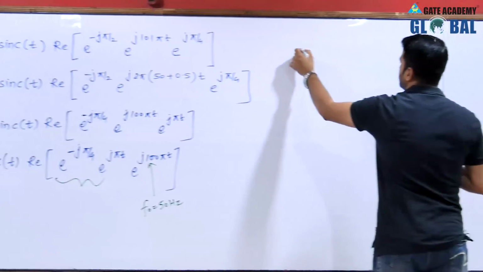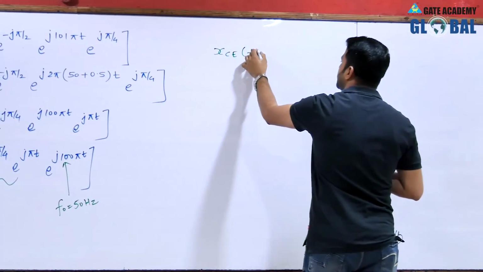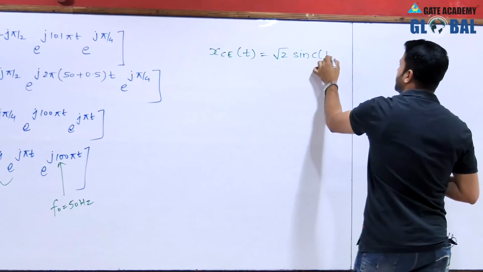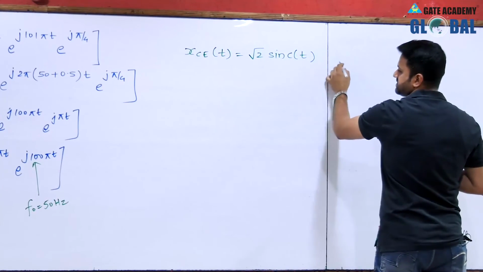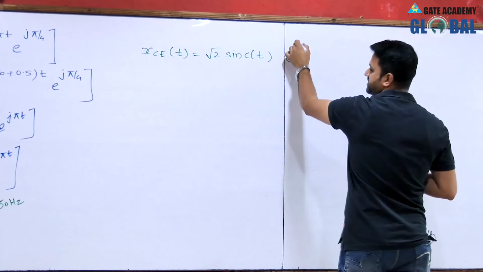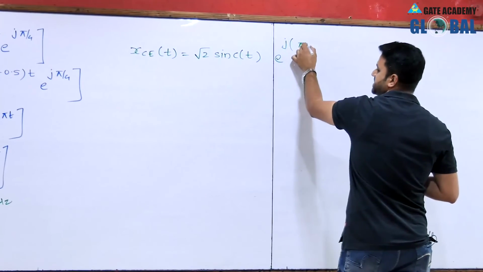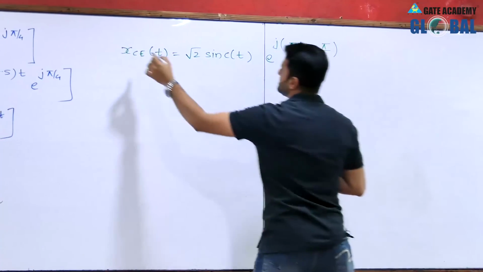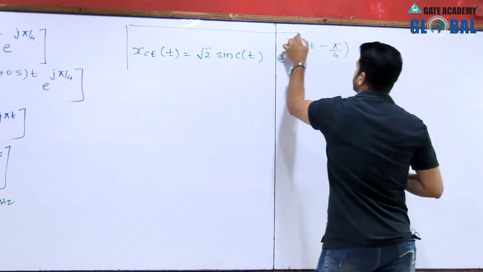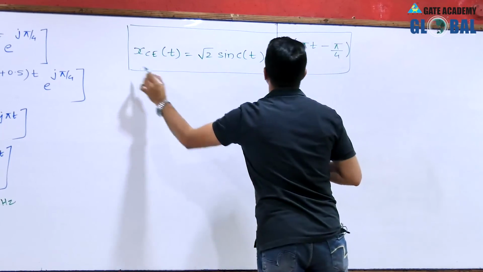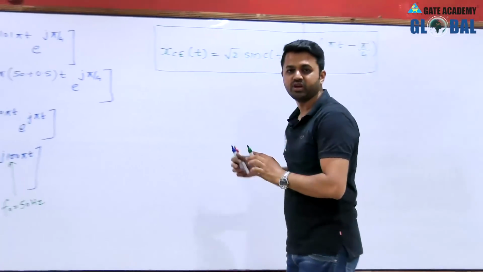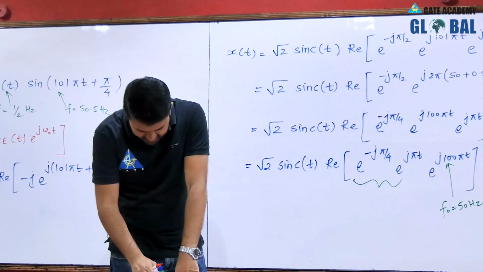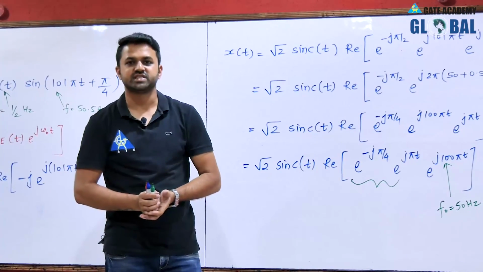Now the complex envelope will be xce of t equal to root 2 sinc t e to the power j, taking j common, (pi t minus pi by 4). This is the final answer: root 2 sinc t e to the power j (pi t minus pi by 4). As you can see from the options, this is option C. So the correct answer for this question is option C.